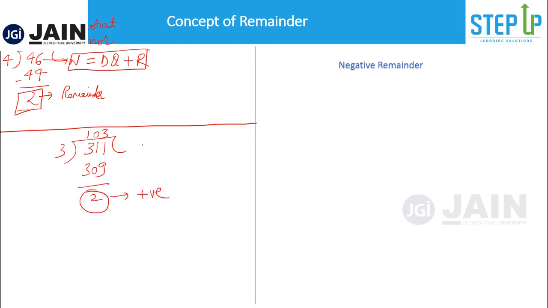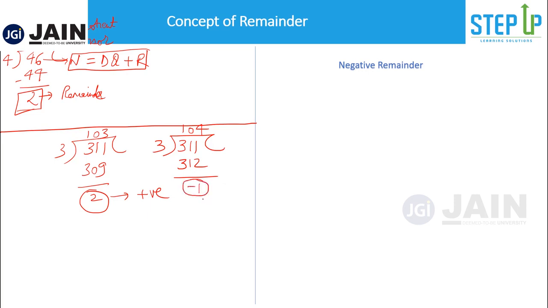Now what if in this problem you had to divide 311, you could have also done it like 3 into 104, and that gives you 312. That means now you are taking one multiple ahead, and you're saying 104 into 3 is 312, and now you get -1.